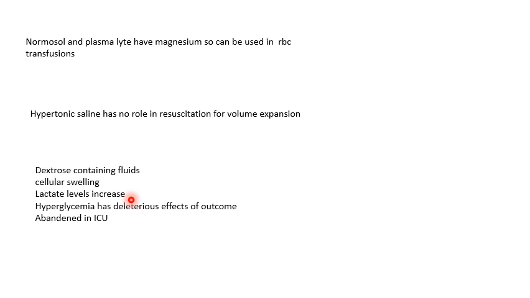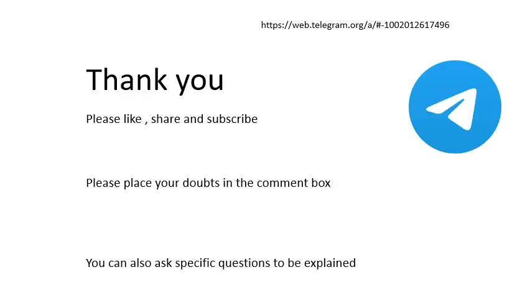Lactate levels will increase. Hyperglycemia has very deleterious effects. So it is almost abandoned in the ICU. So this is the brief about lesser used crystalloids. You need to have a brief overview of these three fluids which I told you about, and hopefully it will help you in better clarity.